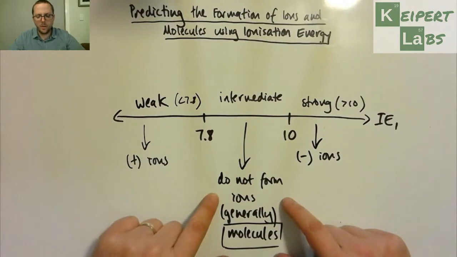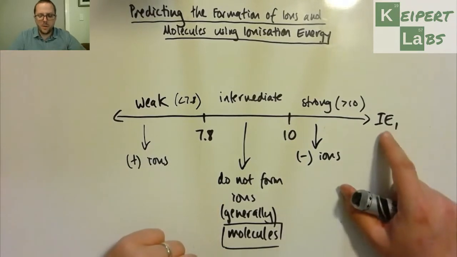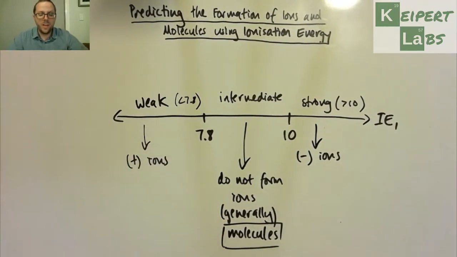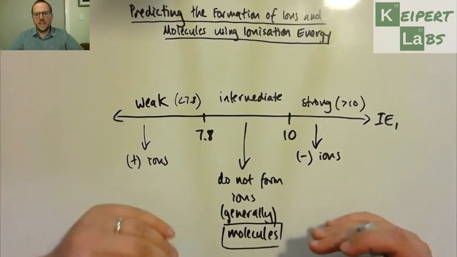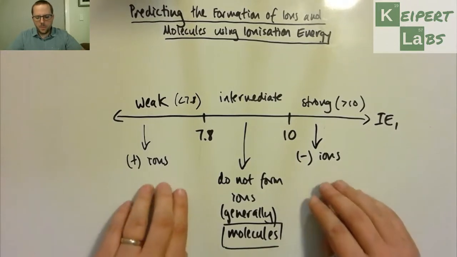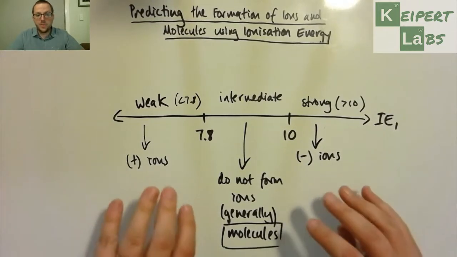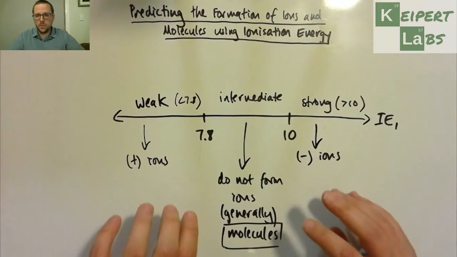When we look at that first ionisation energy, we can decide which category and make those predictions. We can also go just a little bit further to predict, if we're going to lose or gain electrons to form ions, how many are we likely to lose?